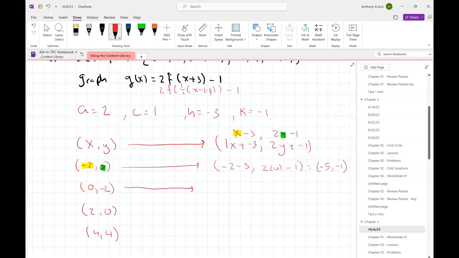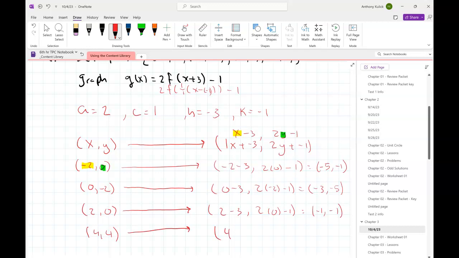And I'm just going to kind of continue doing this. So 0 minus 3, 2 times negative 2 minus 1. It's negative 3, negative 5. And 2 minus 3, 2 times 0 minus 1. So negative 1, comma, negative 1.